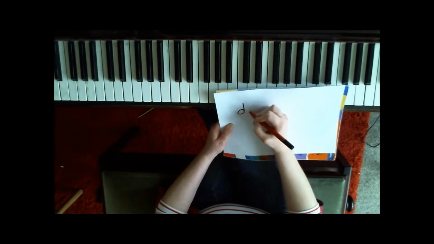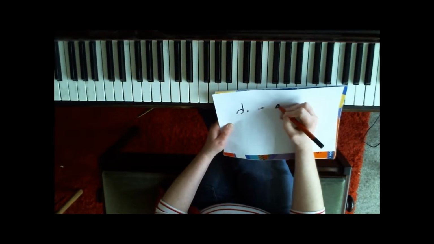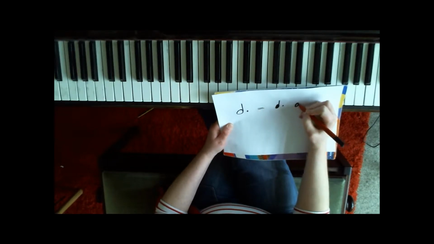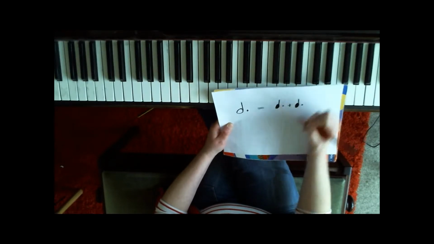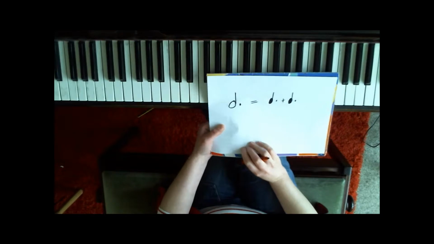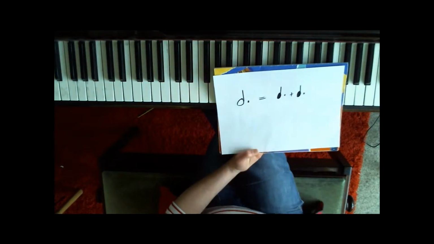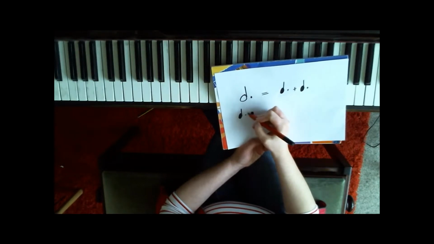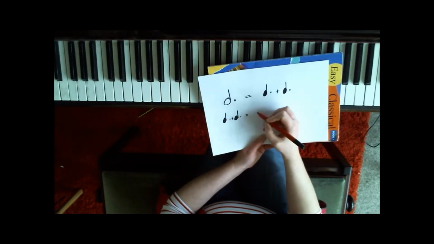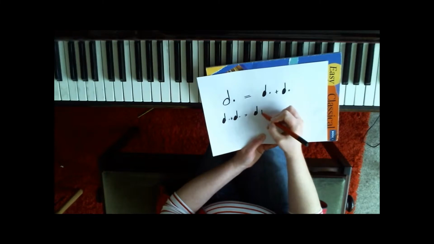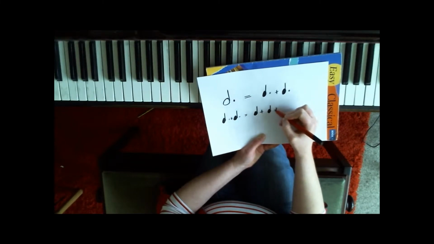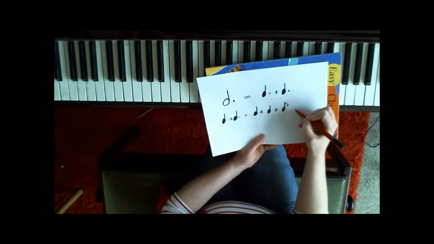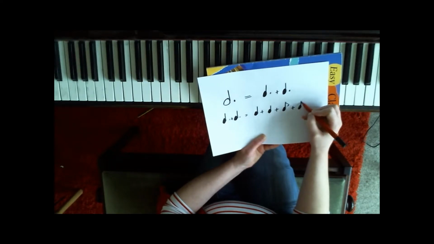A dotted minim is the same as 2 dotted crochets. Now, in case you don't believe me, we'll work it out. 2 dotted crochets equals 2 crochets plus 2 dots, and the 2 dots are 2 quavers.